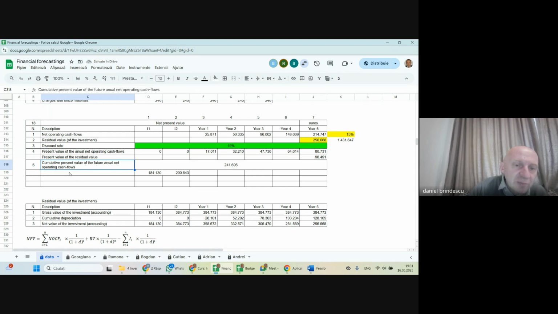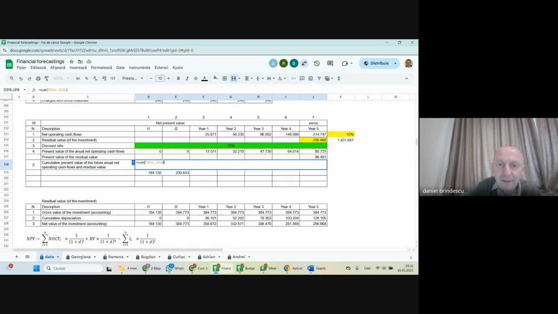Now, the cumulative present value of the future annual net operating cash flows and residual value. So the cumulative present value of all future gains generated by the investment. It's the sum of these two. Now, this is the present value of the future gains.